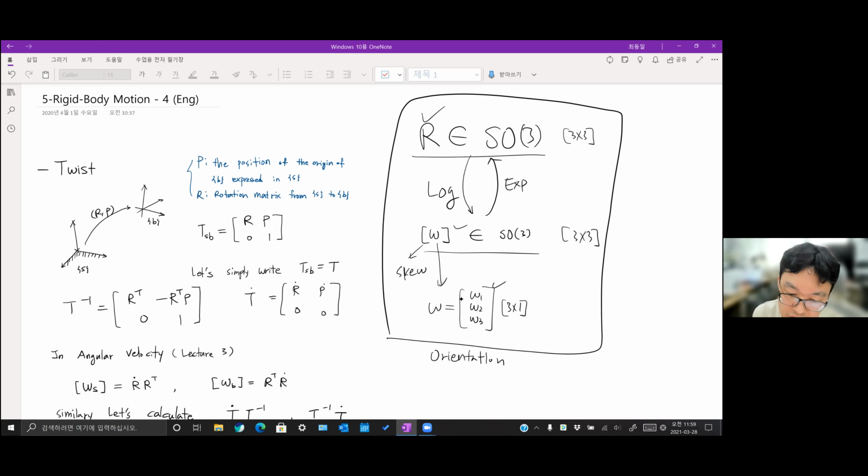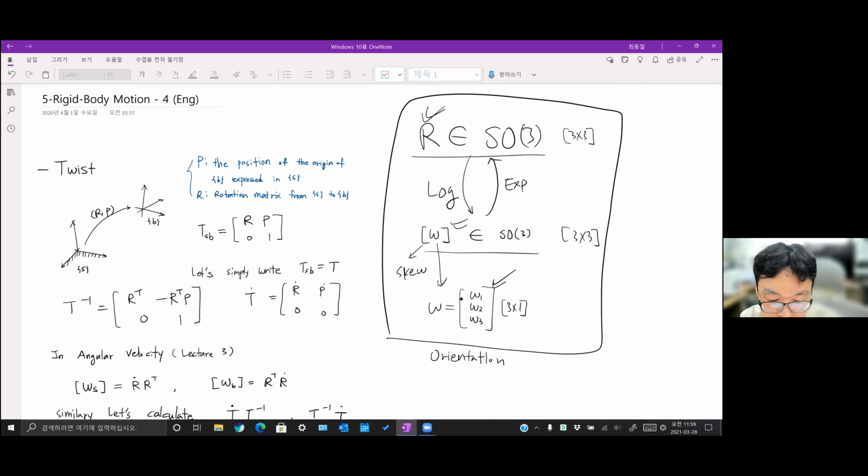So when you describe some orientation, you can use this one, this one, or this one, because these three expressions have the same information in different forms.